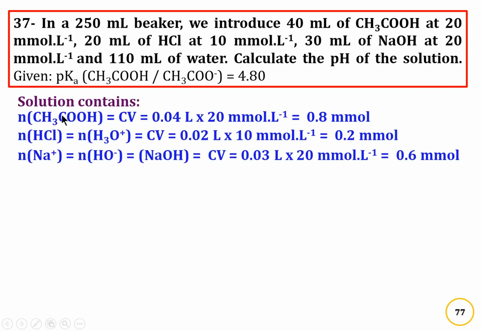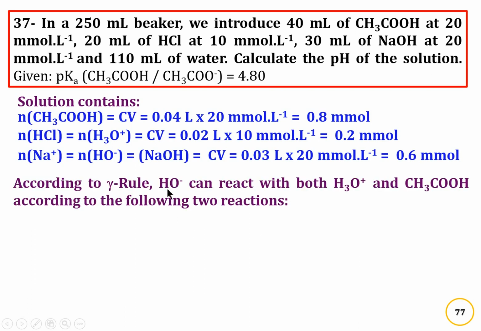The initial solution contains n acetic acid 0.8 millimole, n HCl 0.2 millimole, and n OH⁻ equal to 0.6 millimole. So according to the gamma rule, we will have a reaction between OH⁻ and H3O⁺, and another possible reaction between OH⁻ and acetic acid.